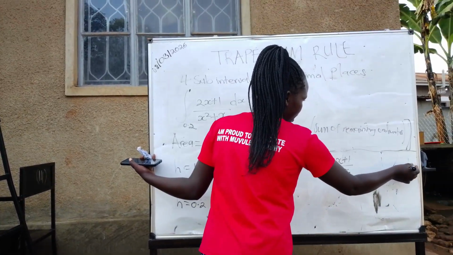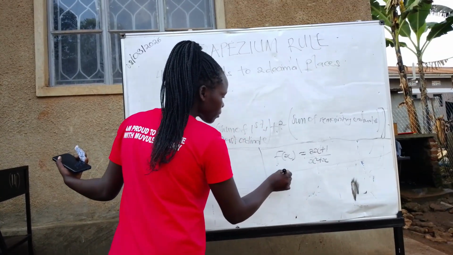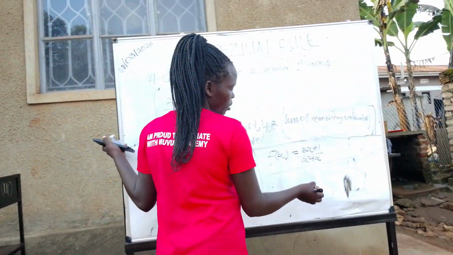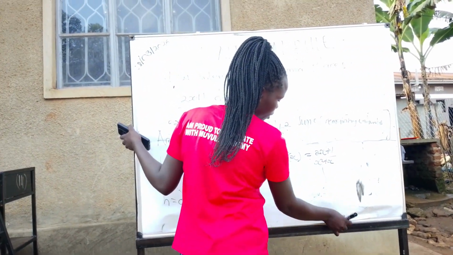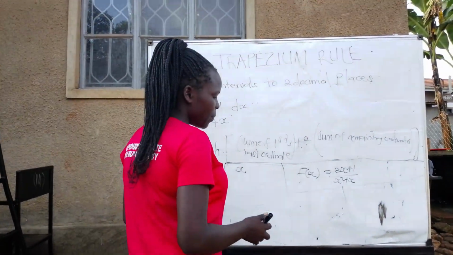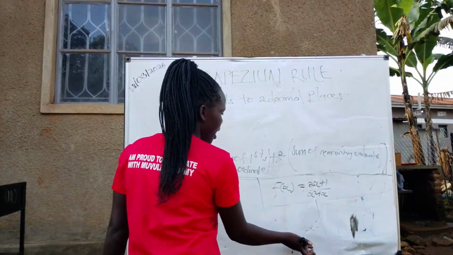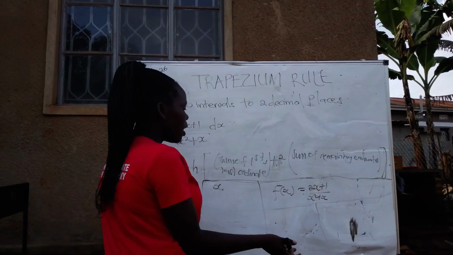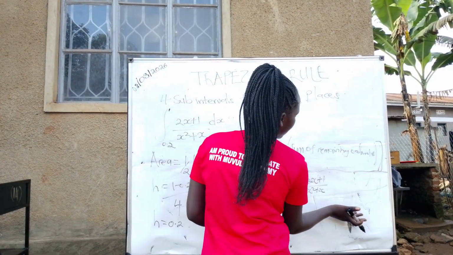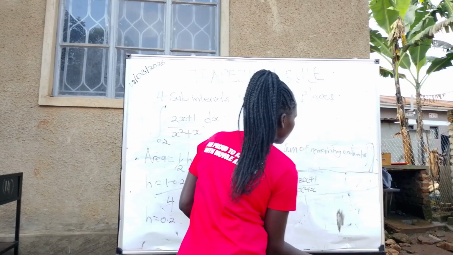And we are going to divide f of x into 2 columns, such that we put the first and the last ordinate in the first column and the remaining ordinates in the second column.